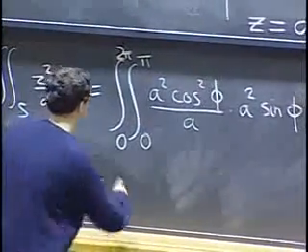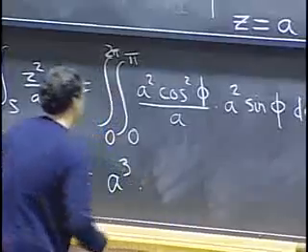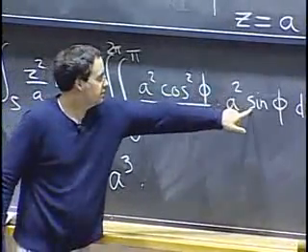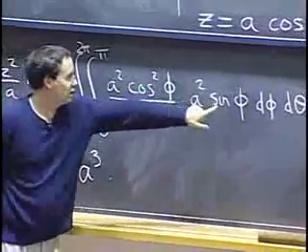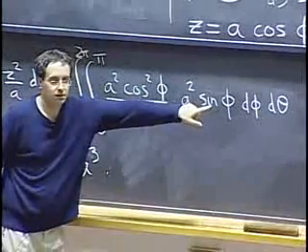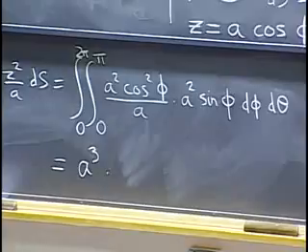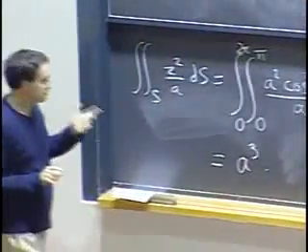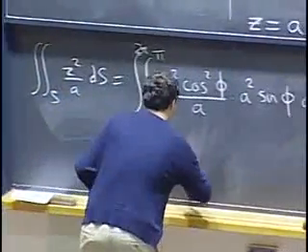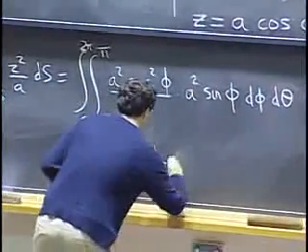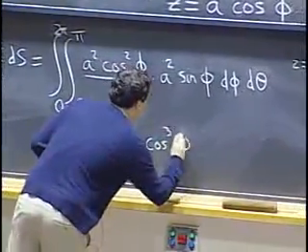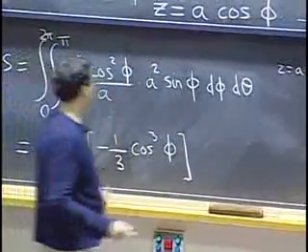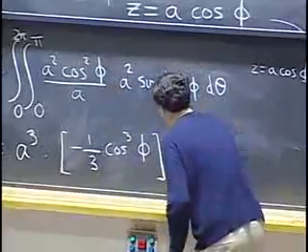Second, in the inner integral, we are integrating cosine squared phi sine phi d phi. I claim that integrates to cosine cubed up to some factor, and that factor should be negative 1/3. If you look at cosine cubed phi and you take its derivative, you'll get that guy with a negative 3 in front, between 0 and pi.